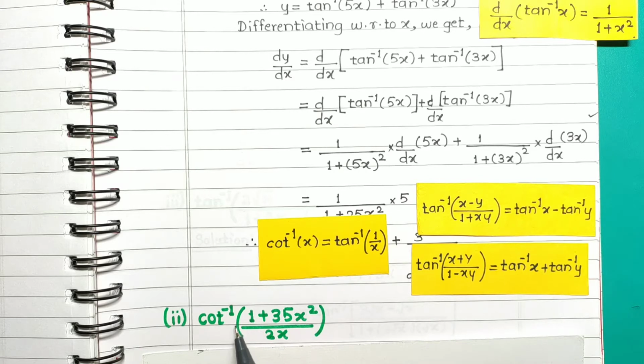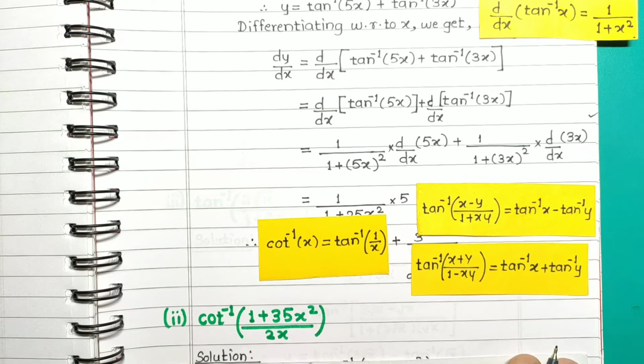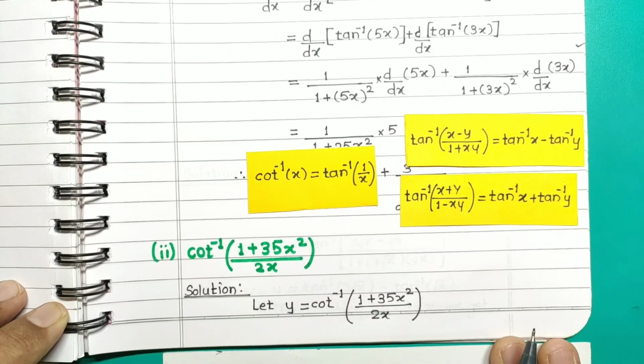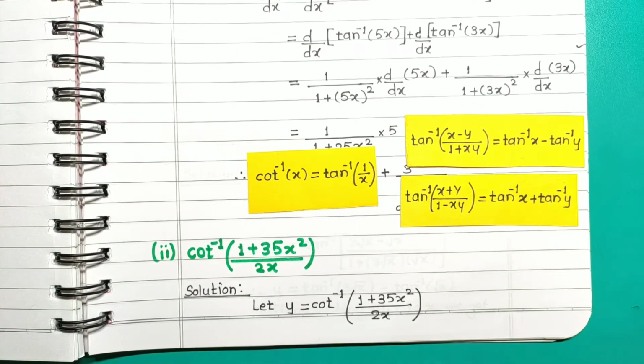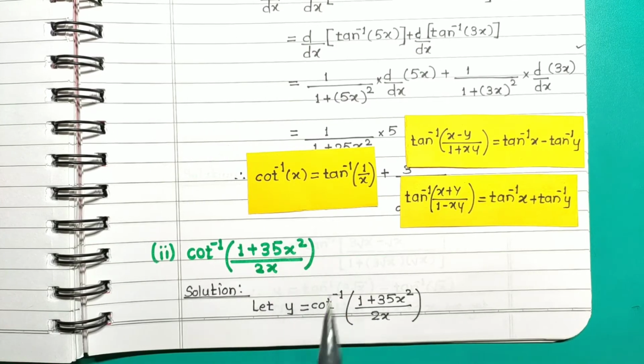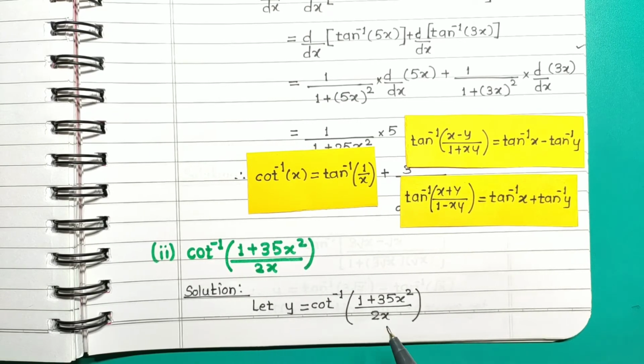You need to observe these things, and this observation will be perfect after some practice. So in the solution you write down the given function, let it be y. Then using this property we have to invert this function. We have to write cot inverse as tan inverse.